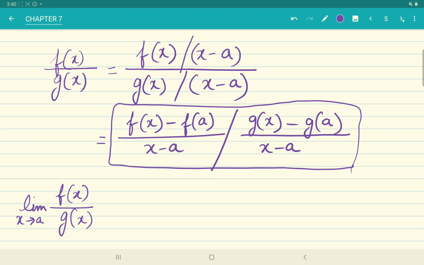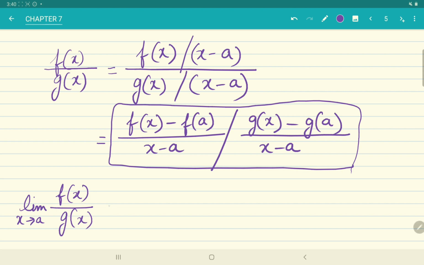If we look at this expression and we think of its limit as x tends to a, I know that both the numerator and the denominator tend to f prime a and g prime a respectively. So the numerator tends to f prime a as x tends to a, and the denominator tends to g prime a as x tends to a.